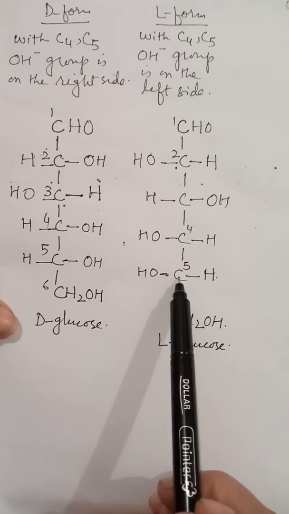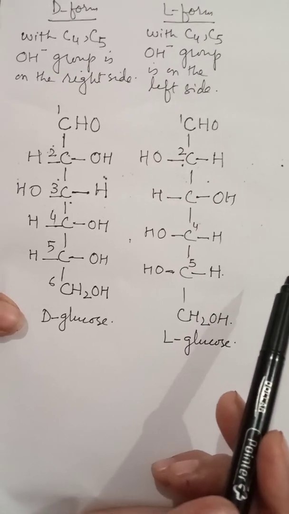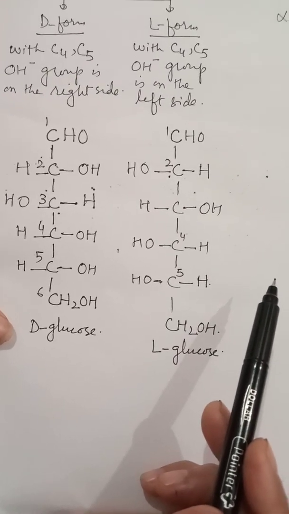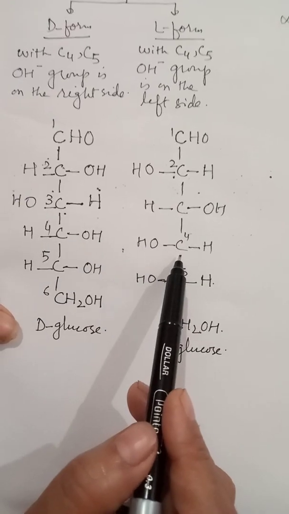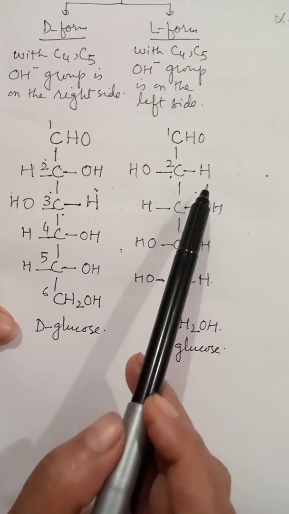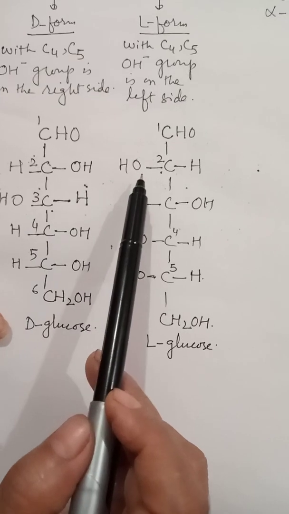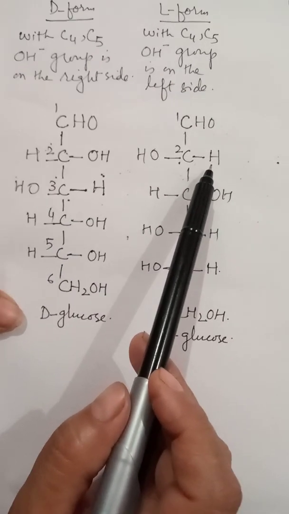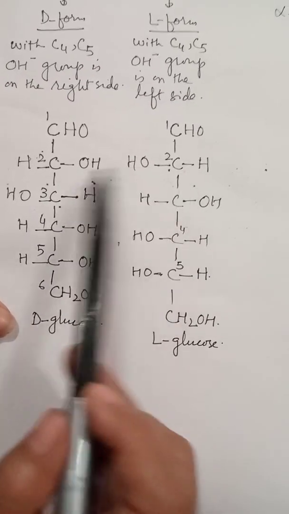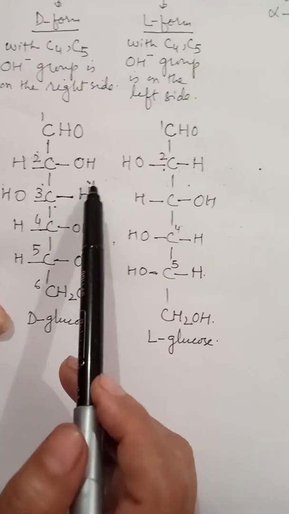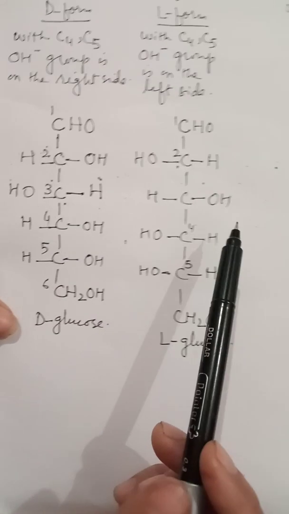And it is the same case with carbon number 4 and 5. So isomers are molecules which have the same molecular formula but different arrangement of hydrogen and hydroxyl group, and stereoisomers are those having different arrangement in space.